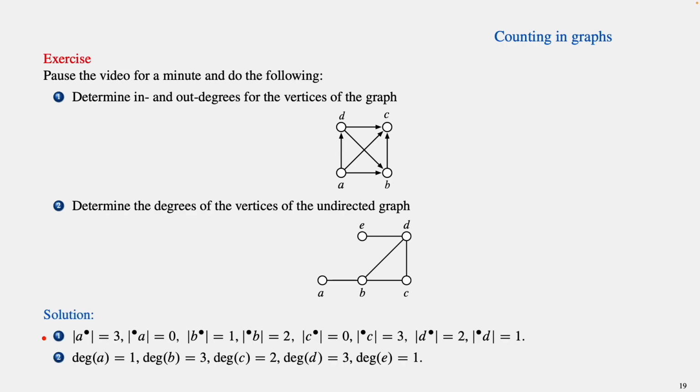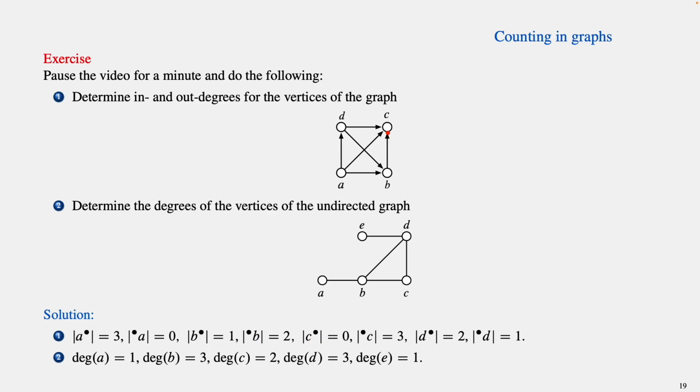The solution here, I just quickly go through it. So for the vertex A, you see we have 3 outgoing edges, so we have out degree 3, but there's no incoming edge, so the in degree is 0. Then for B, we have 1 outgoing and 2 ingoing edges, so out degree 1, in degree 2.